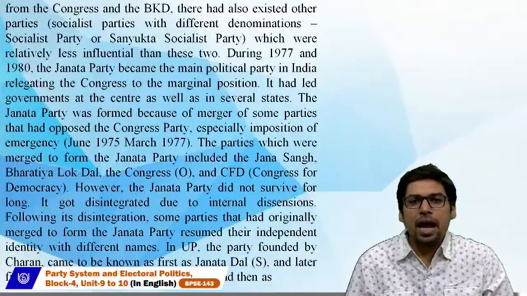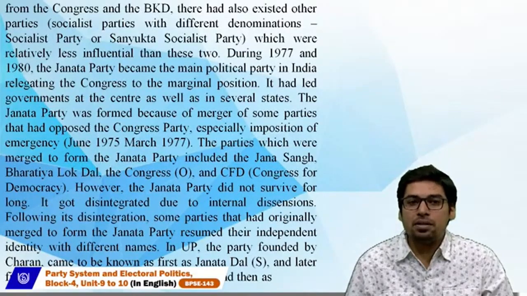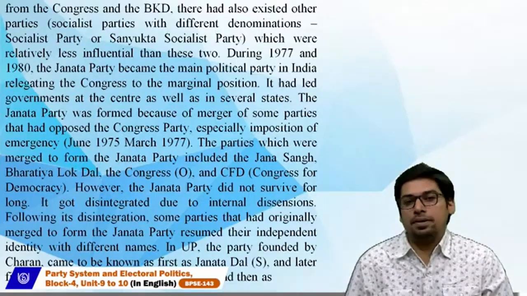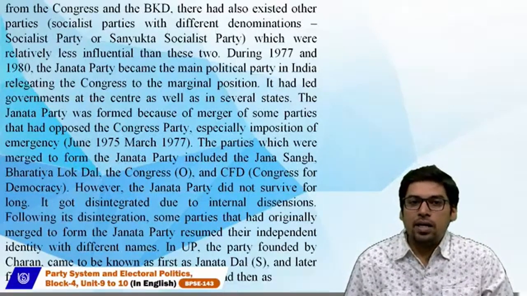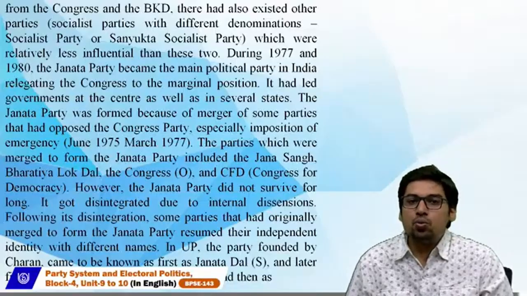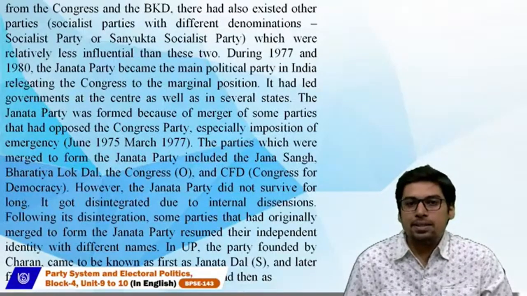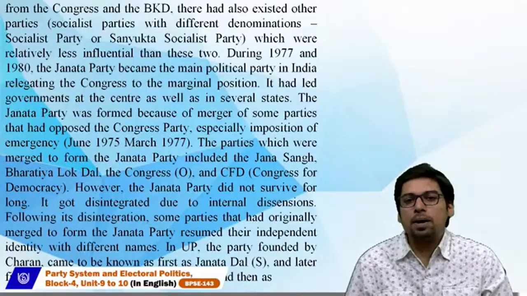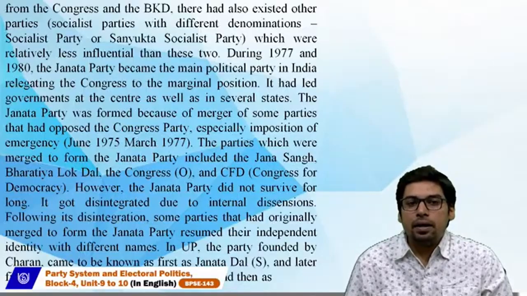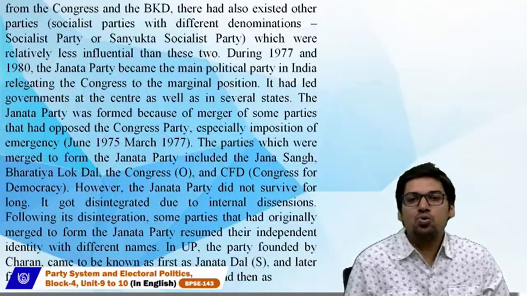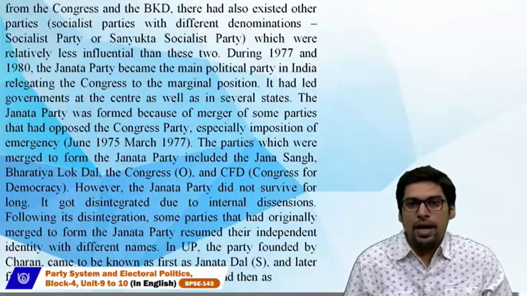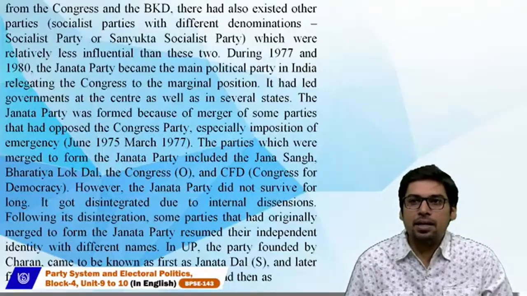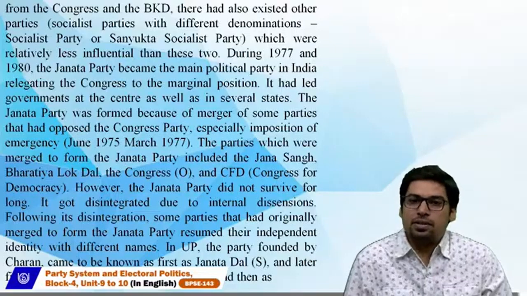Apart from the Congress and the BKD, there also existed other parties, especially parties with different dominant bases, such as the Socialist Party or Samyukta Socialist Party, which were relatively less influential than the two. During the 1970s and 1980s, the Janata Party became the main political party in India, relegating the Congress to marginal positions. It led the government at the center as well as in several states.